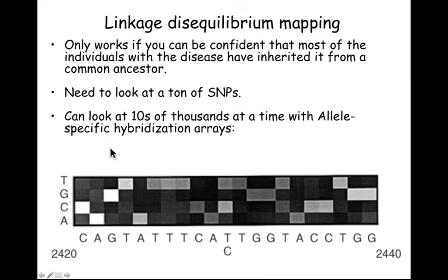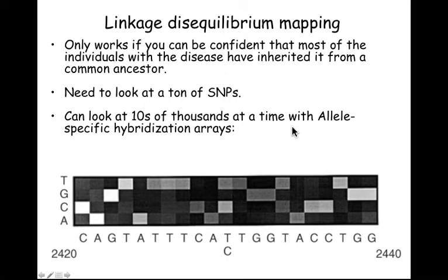Luckily, with microarrays, this is fairly easy to do, this type of allele-specific oligohybridization, which we talked about a couple of lectures ago. So you can literally look at tens of thousands or hundreds of thousands of single nucleotide polymorphisms at a time. So this gives you a very good look at lots and lots of markers across the chromosomes.